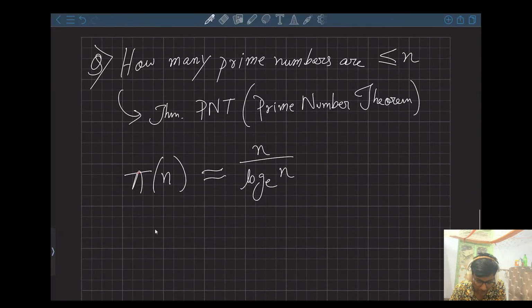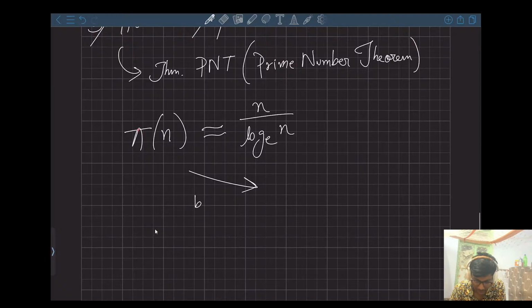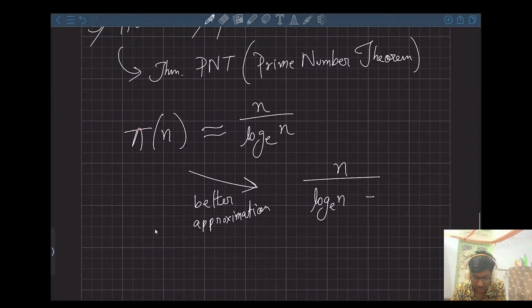If you want a better approximation that you can probably use in Codeforces, better approximation is n by log n minus 1. It goes very close.